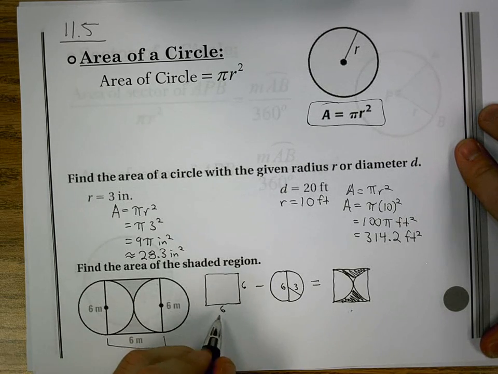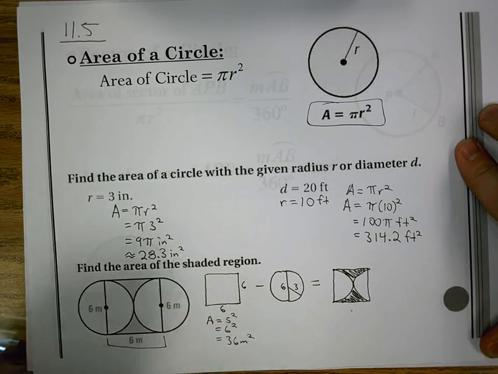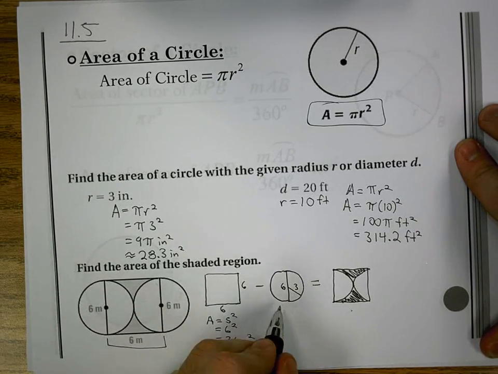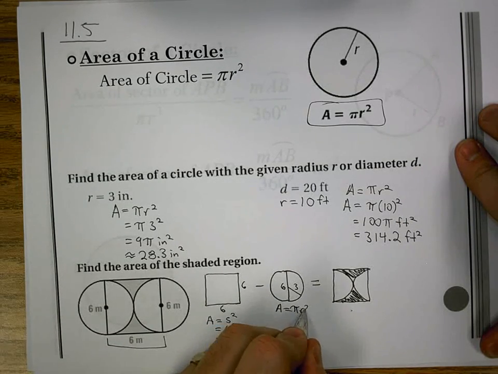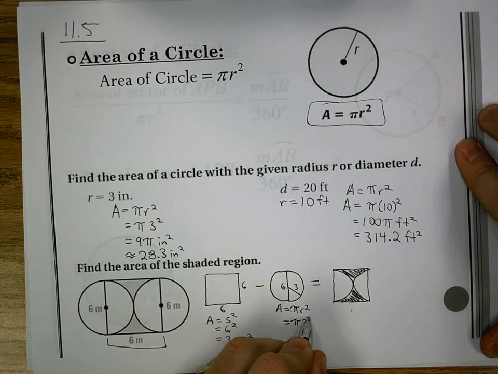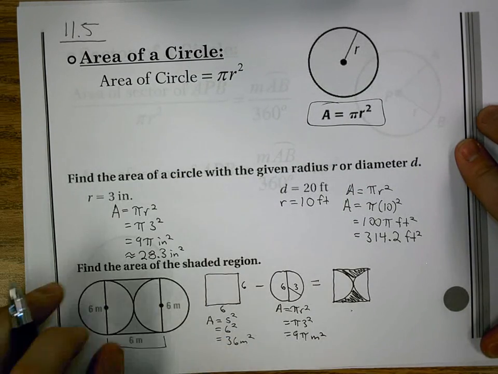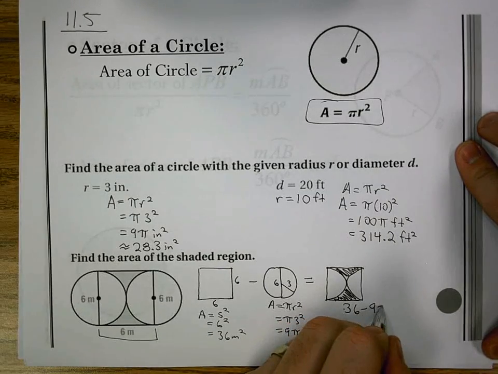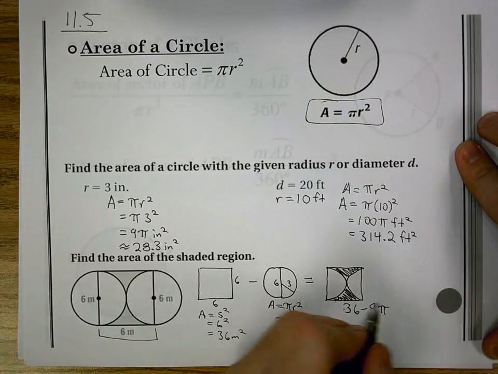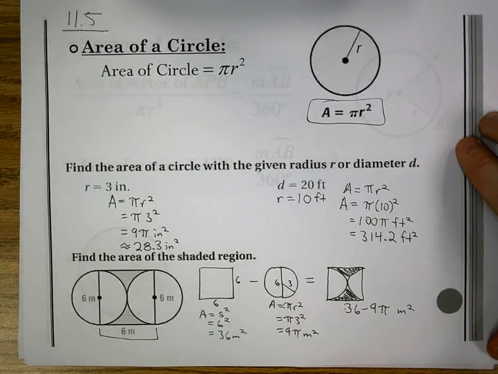So area of this square is side length squared, or 6 squared, which is 36 meters squared. Area of this circle, I need to use radius, it's going to be pi r squared. So that's pi times 3 squared, or 9 pi meters squared. So that means I'm going to do 36 minus 9 pi meters squared, and that's in terms of pi.